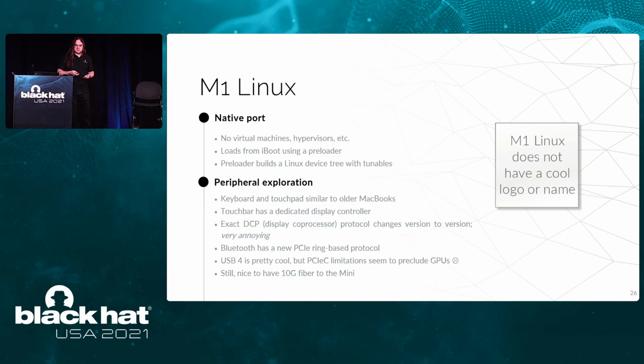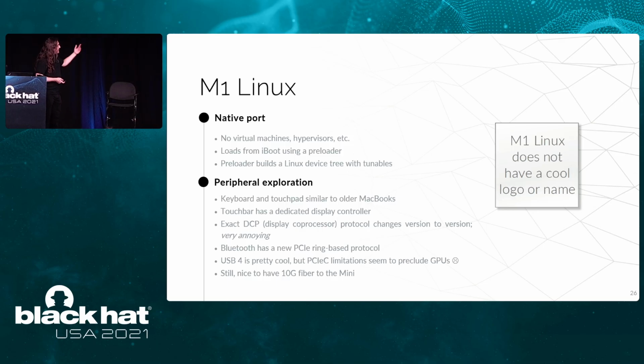When iBoot loads you, it patches the device tree in a number of places with information such as the tunables that allow high-speed physical layers to actually work. And so we had to carry this over into Linux so we could do the same thing. The preloader is open source, of course, just like everything else in this project.